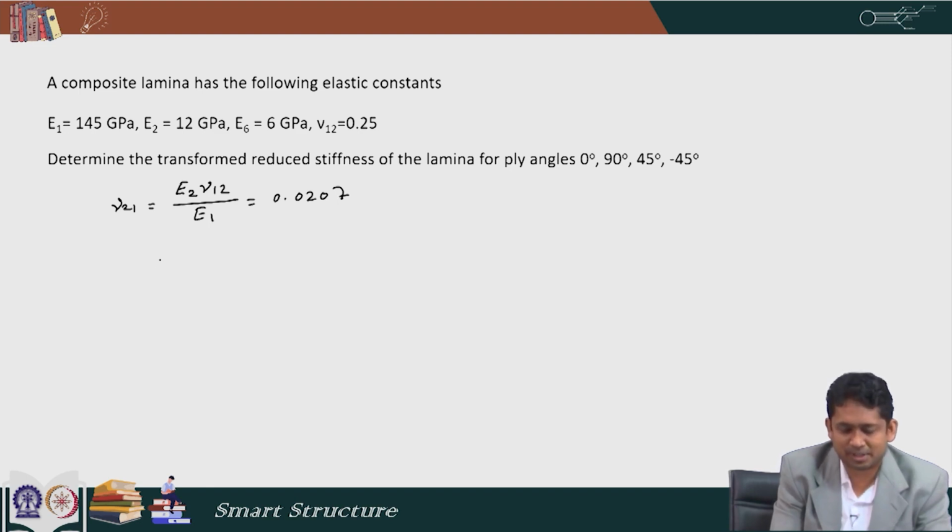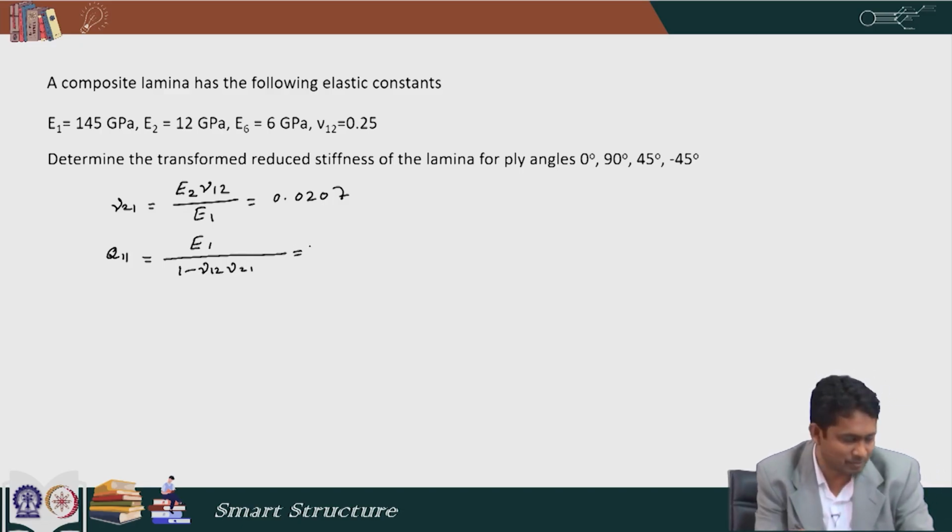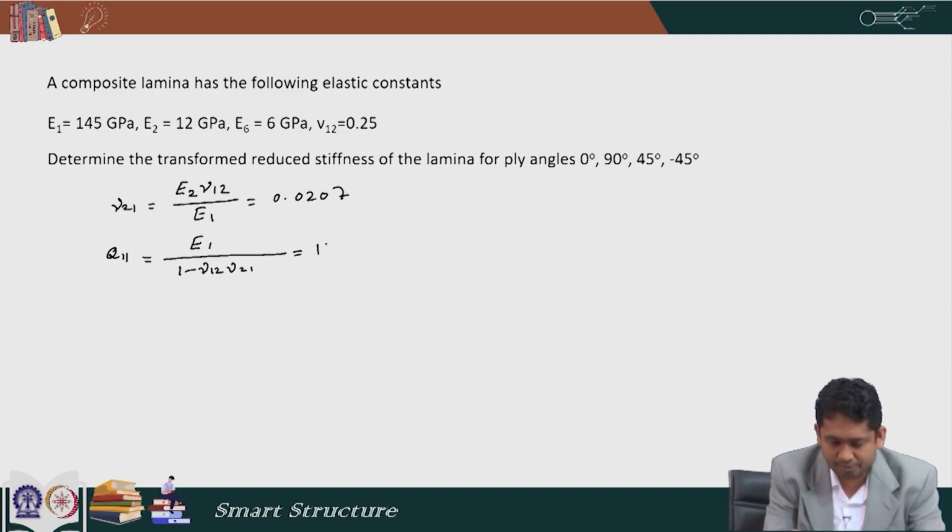Now, we have to find out the constituents of the Q matrix in the material direction. So, we have Q11 and Q11 is E1 divided by 1 minus nu12 nu21, and that gives us the value to be 145.75 GPa.